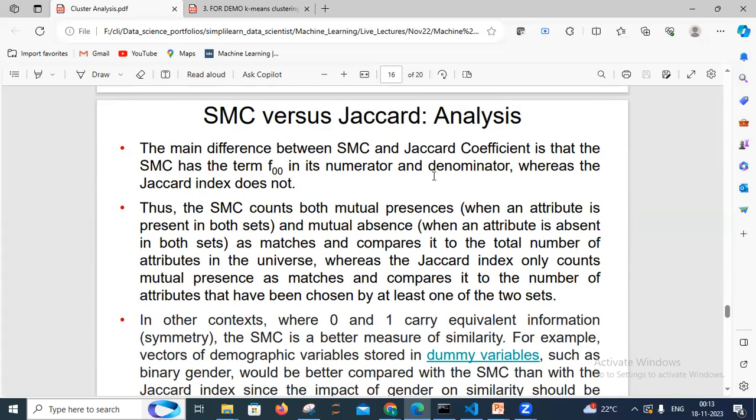In the next session, I am going to do the coding part, the problem statement with the Iris dataset. Before that, I thought I should set some context before going to coding, and that is the reason I have taken this session.